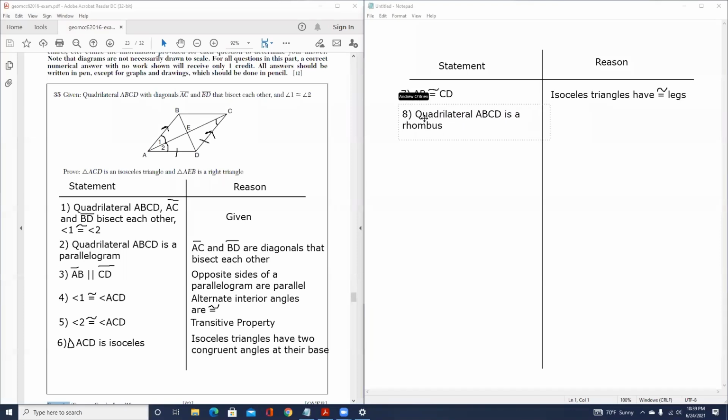We know this to be true because our reason is that a parallelogram with adjacent sides which are congruent is a rhombus.